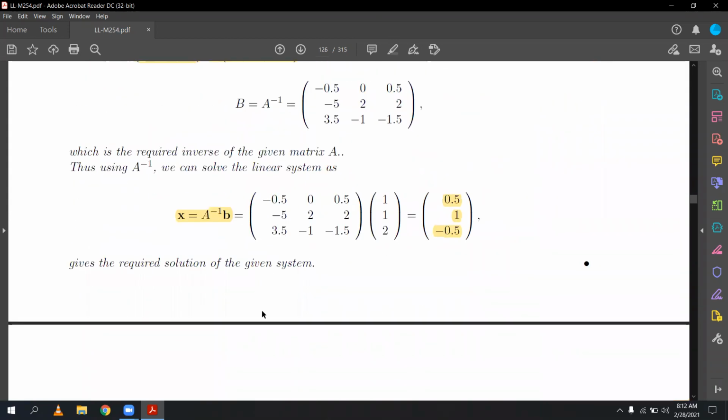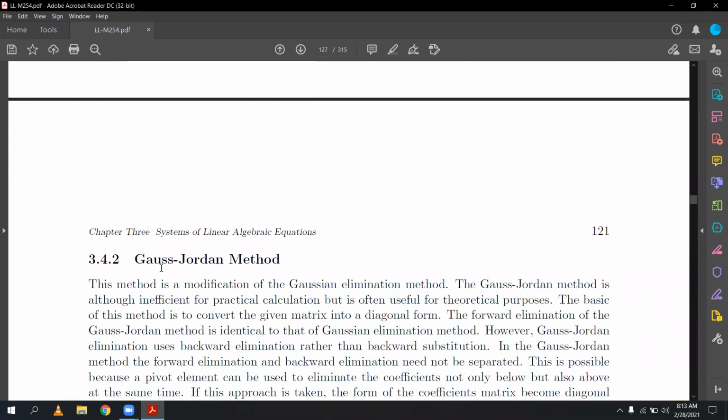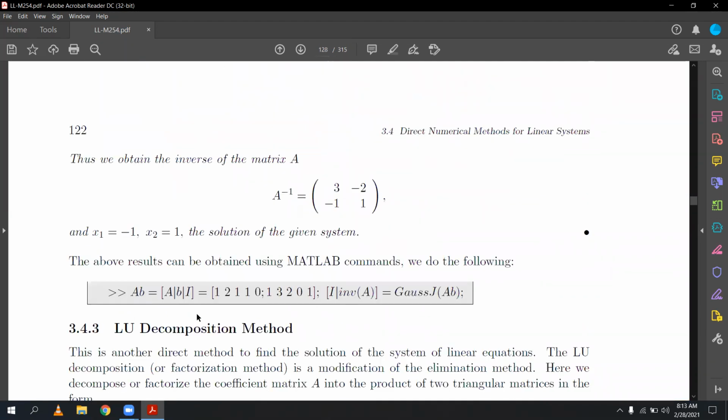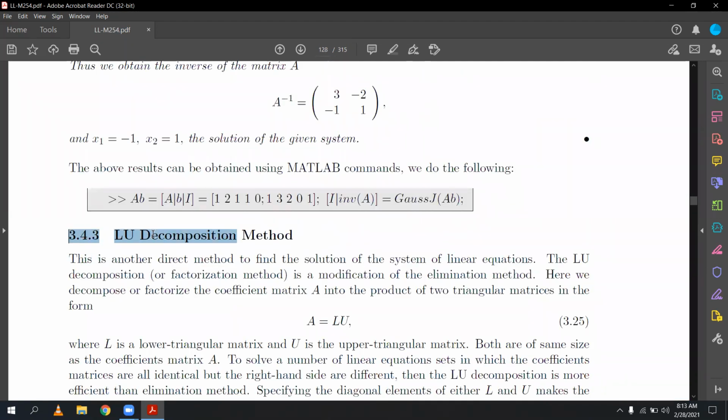So we finish our first method, Gauss-Jordan. The second direct method we have to do is called LU decomposition. It is also one of the very good methods to find the solution of the linear system.